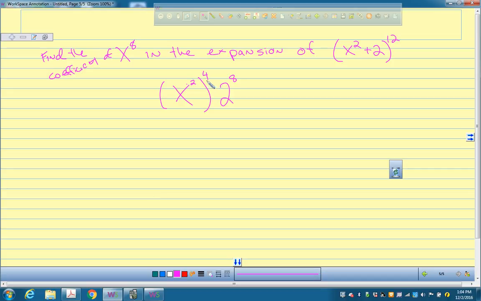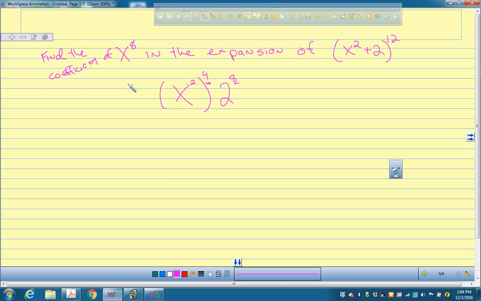Because these two numbers, this and this, always need to add up to n, this number up here, 12, right? So 4 plus 8 has to add up to 12, because you're raising this polynomial to the 12th power. So if this was 4, this was 8.